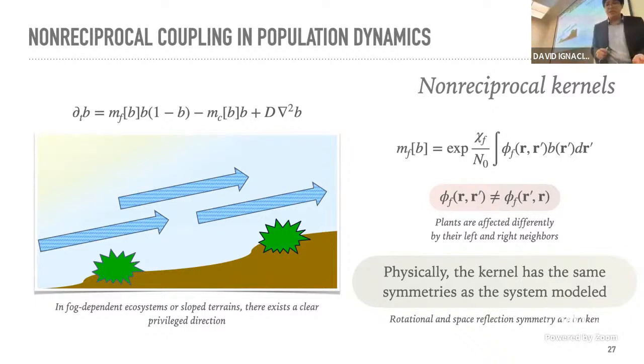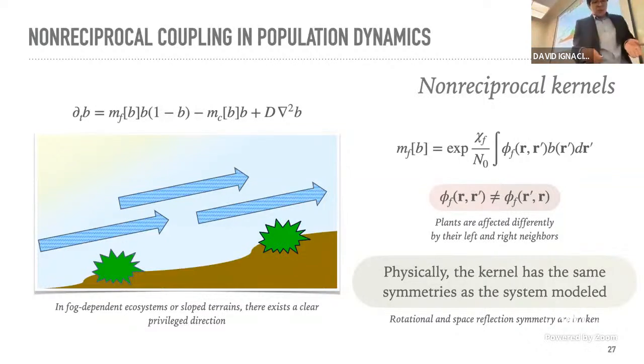So the kernel is what dictates how one individual is affected by the other. It's the continuous analogue to this matrix that I showed you in the very first slides, in the strings and masses slide. And we will assume that the kernel will have the same symmetries as the system that we are modeling.